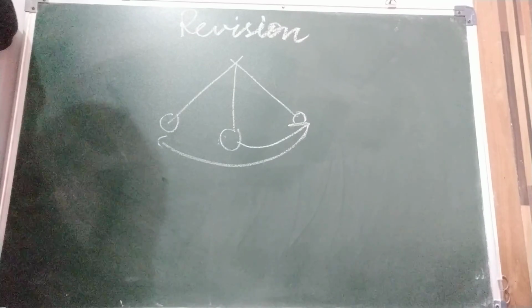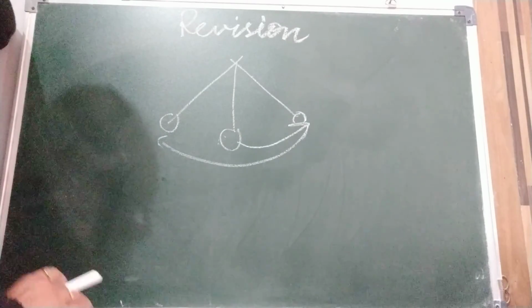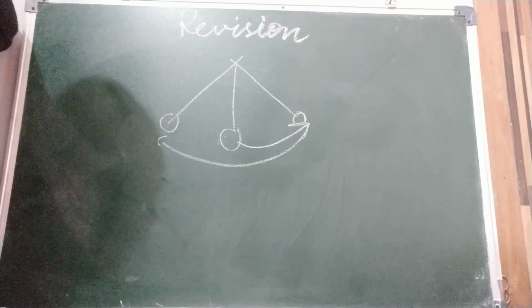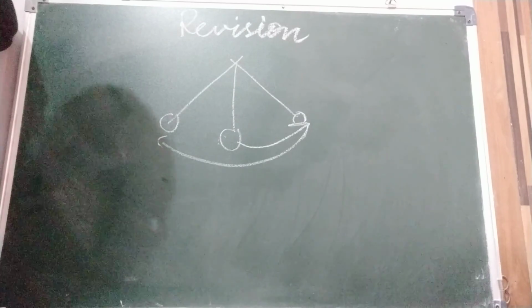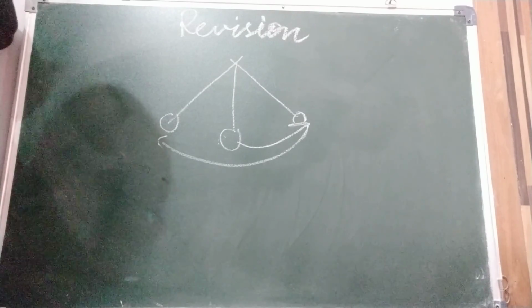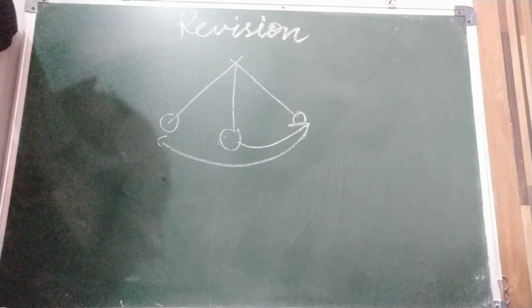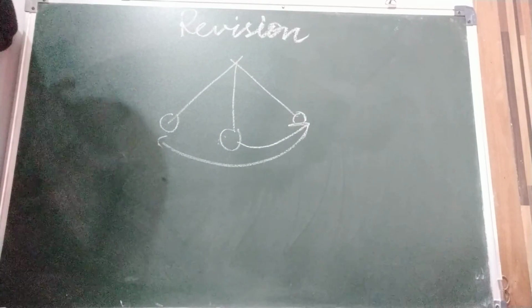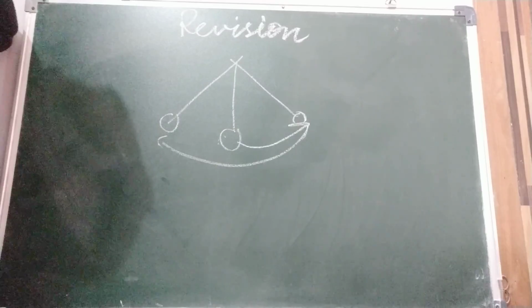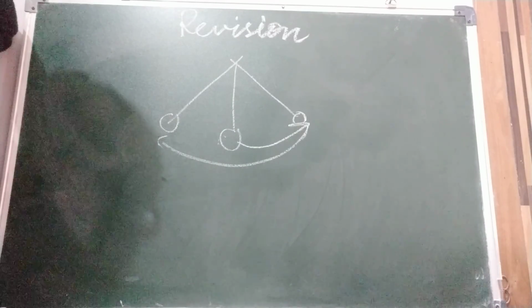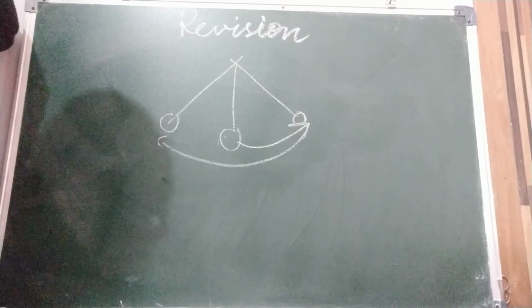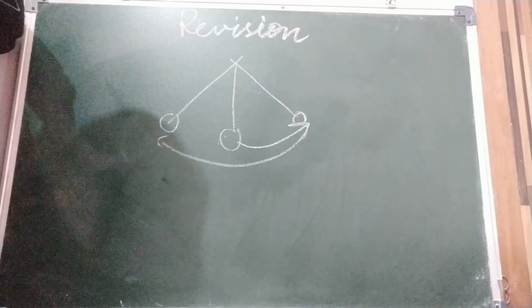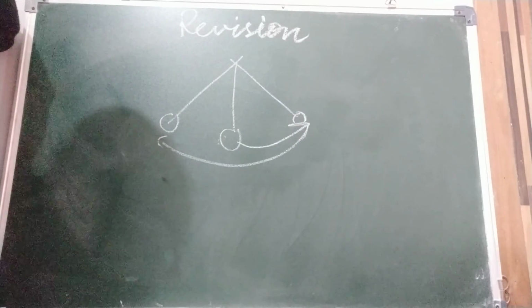Third is quality of sound. The quality of sound is determined by the frequencies present in it and their relative loudness. Now, which organ is there for hearing sound? That is the ear. The ear is divided into three parts: outer ear, middle ear, inner ear.